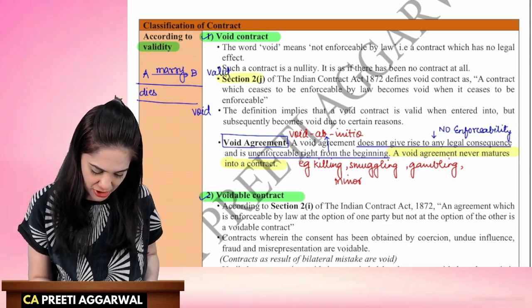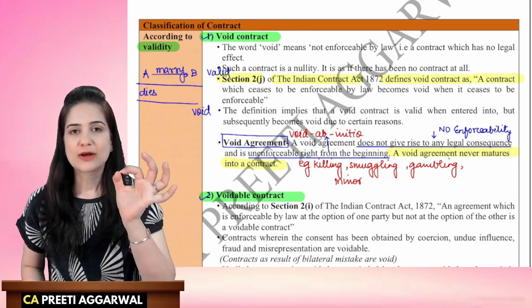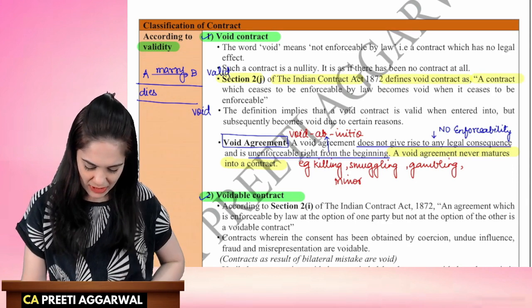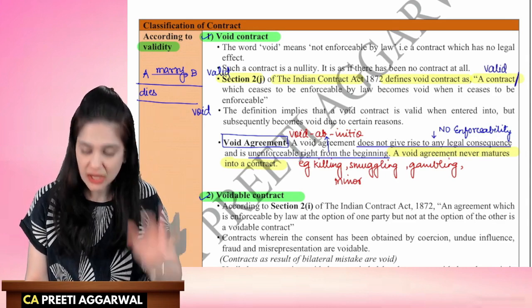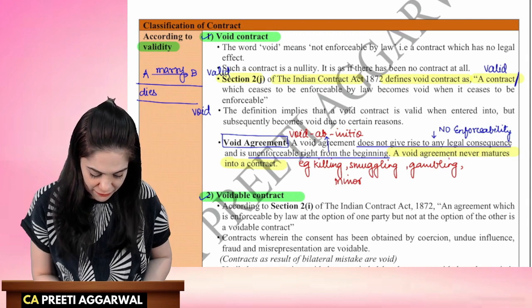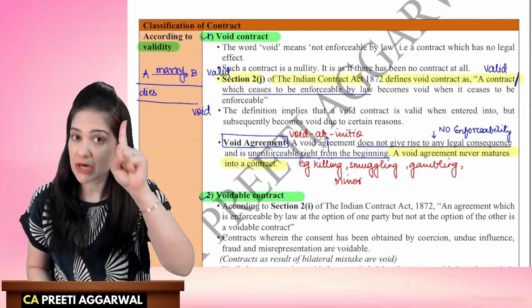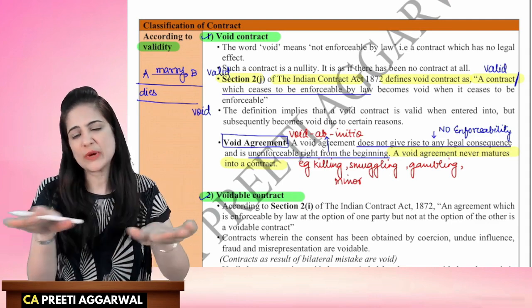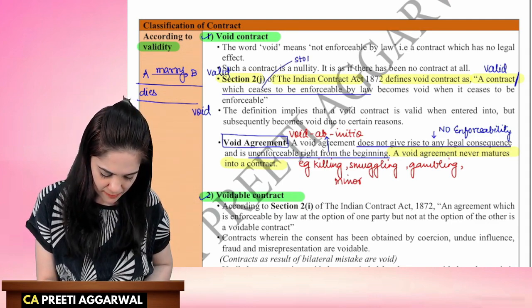Section 2, Clause J of the Indian Contract Act defines void as a contract which ceases to be enforceable by law. It means it was valid when entered. It's a contract, but now it ceases. The meaning of the word cease is stops.